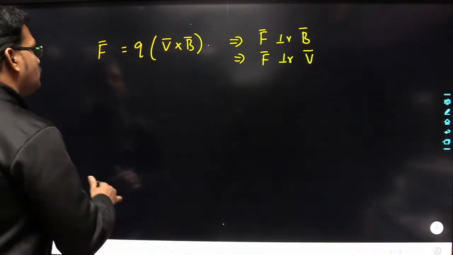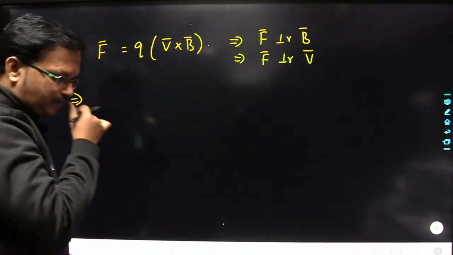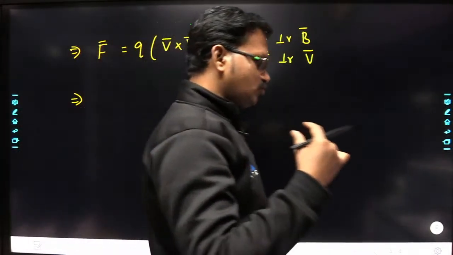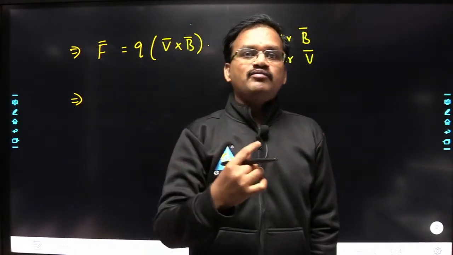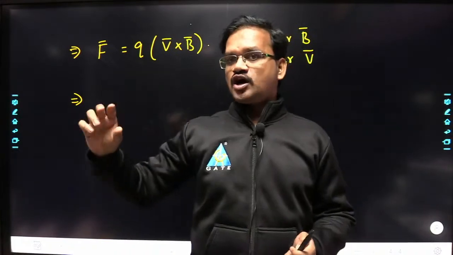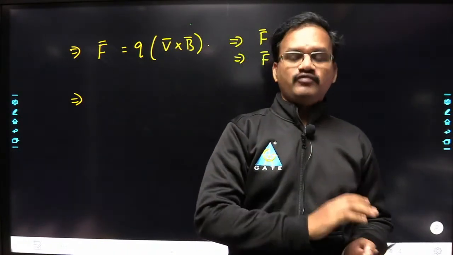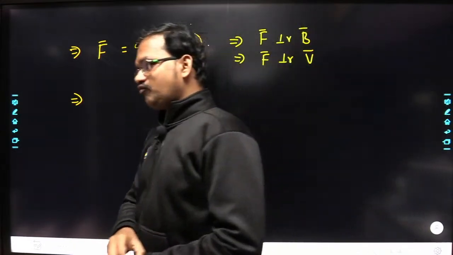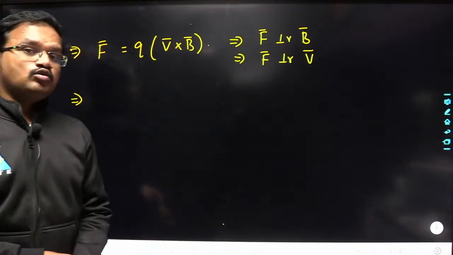Now tell me, suppose the charge is moving in a uniform B field with a uniform velocity. Let us assume a charge Q is moving in a B field with a uniform velocity. Then what is the work done by the B field on that moving charge?